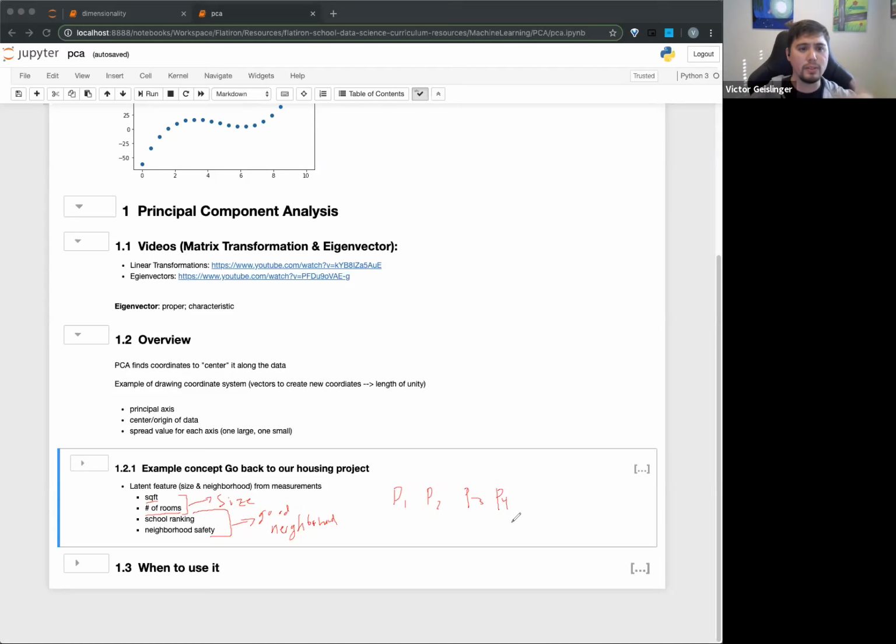However, if I want to reduce the complexity of it, what could I do? Drop P4. Yeah, I could drop P4. I could even drop P3 and just keep it 2-dimensional and say, hey, this is where most of the information is holding anyway.